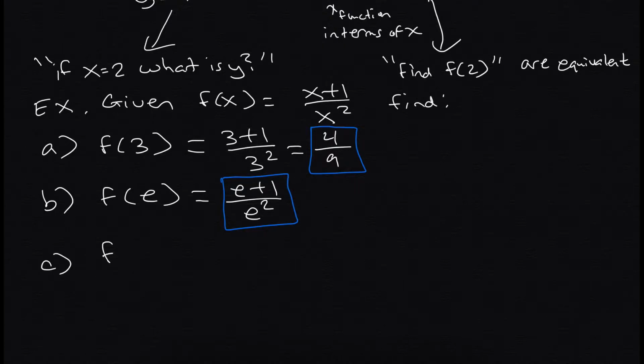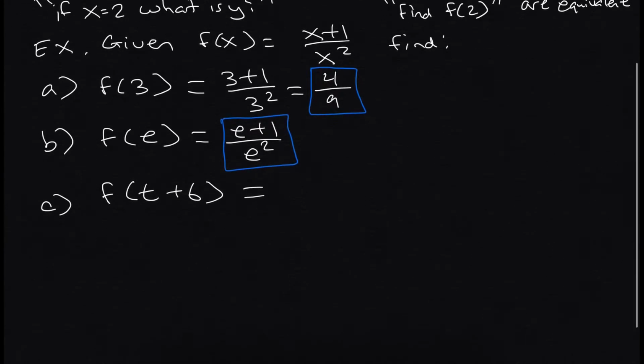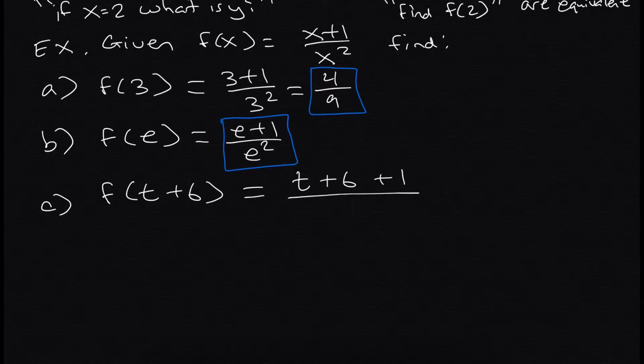Let's say part C, let's do f of t plus 6. So f of t plus 6, let's see here. So I need to plug that into x plus 1 for that numerator. So t plus 6 plus 1. So I replace the x with a t plus 6. Divided by, in the denominator, I had an x squared.